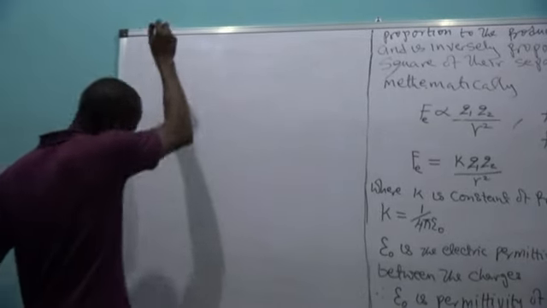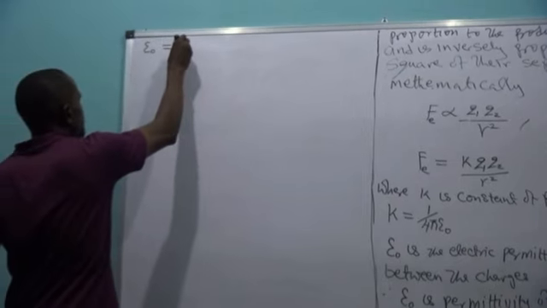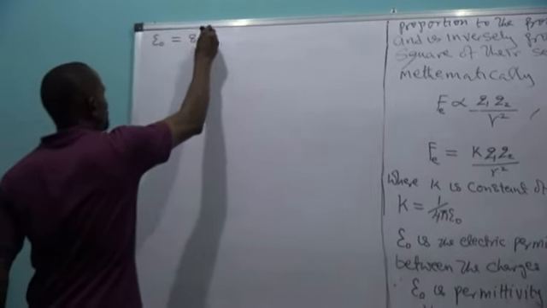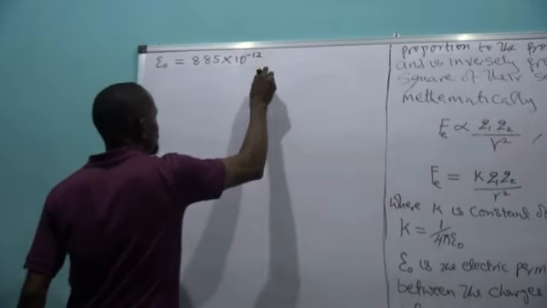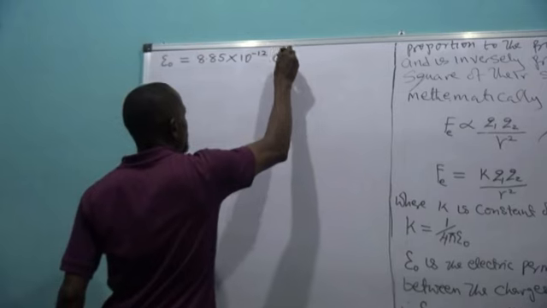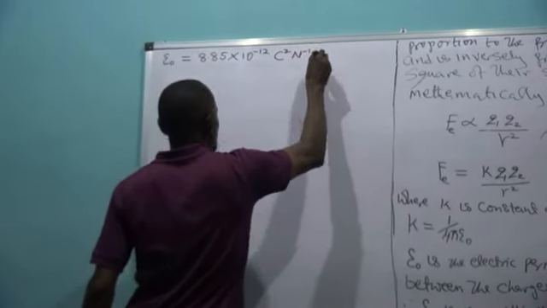Then let us look at the value. Epsilon O is equal to 8.85 times 10 raised to the power minus 12 Coulomb squared per Newton per meter squared.